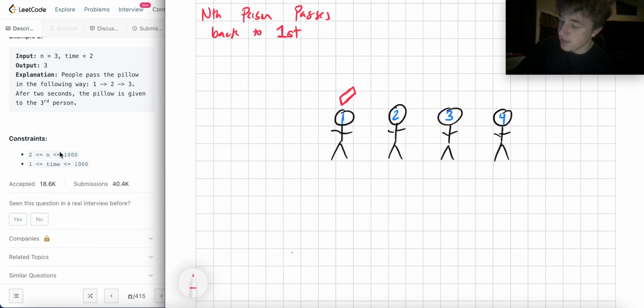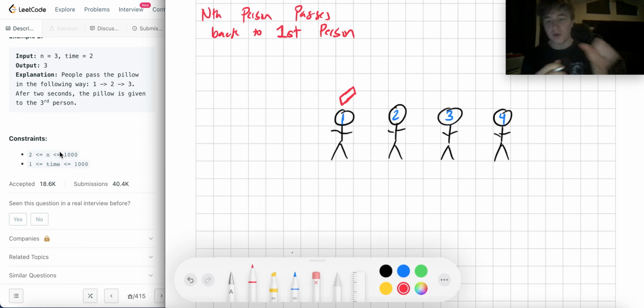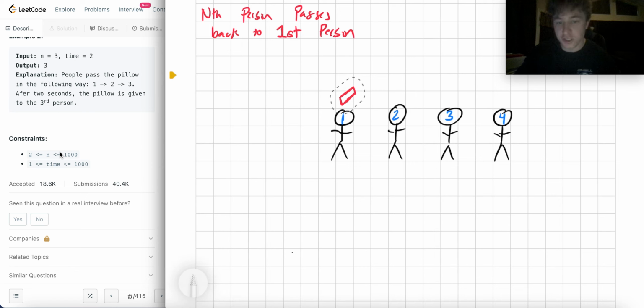So what I mean by that is, the nth person passes it back to the first person instead of the direction changing. How would this problem be solved if 1 passed to 2, then to 3, and then to 4, and then instead of going back to 3, 4 lobbed it, like, woo, threw it, Tom Brady style, back to 1, right?